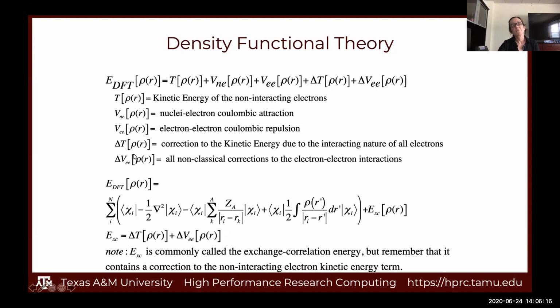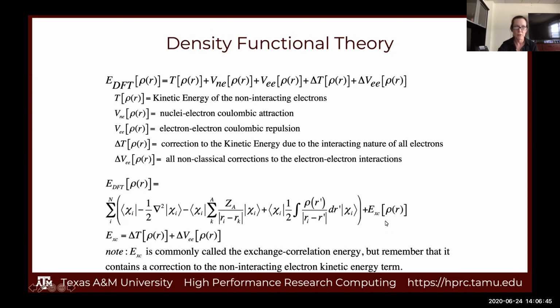Okay, so if we write this equation out and expand some of those terms, these are the ones that we're more familiar with, okay, where you have the kinetic energy operator, the nuclear electron term, and the classical electron-electron term. And then this is the exchange correlation term. So when you go to look at functionals that are available in the DFT realm, they talk about them as exchange correlation terms, and that's where this comes in.